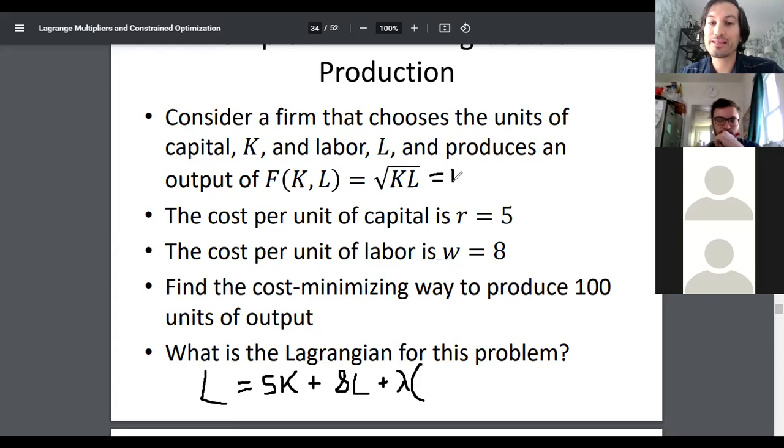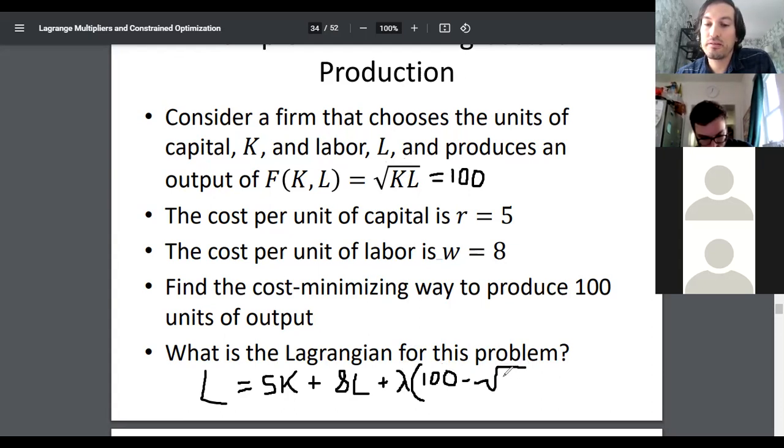Square root of KL has to be equal to 100. If I want to produce 100 units of output, then that's my constraint. I need to choose a K and an L in such a way that the total output I produce is equal to 100. That's the constraint. So by finding a way to write that in the Lagrangian, I'm just going to say, okay, 100 minus the square root of KL.